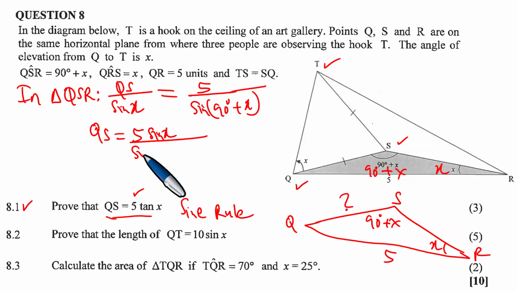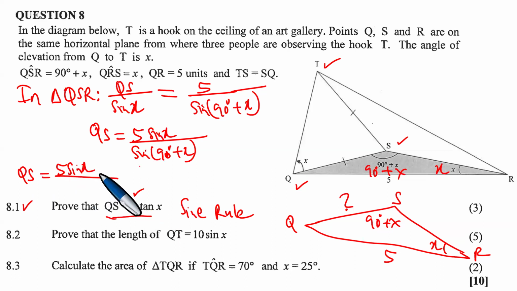So QS equals 5 sine x divided by the sine of 90 degrees plus x.